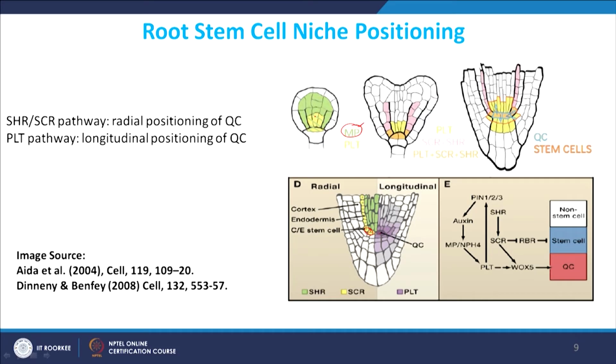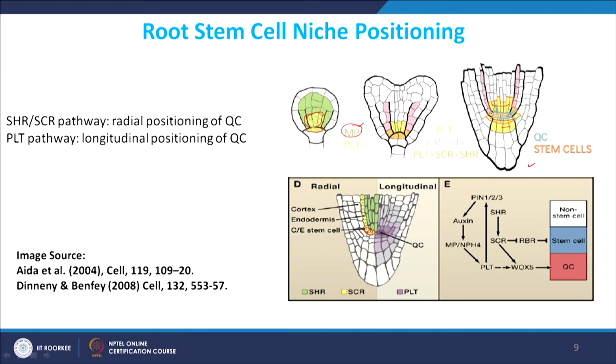But apart from that, if you look at the plethora expression, plethoras are expressed in this domain. But at a later stage, or maybe in the growing meristem, this is the cells where plethoras are expressed. This is the cell where plethoras are expressed. This is the cell where your scarecrow and short root proteins are expressed.